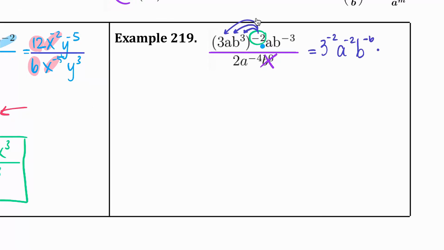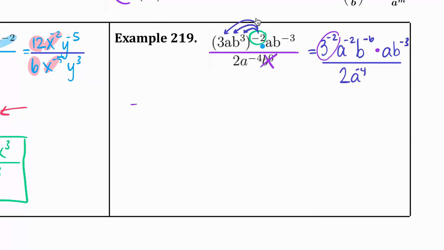I'm going to multiply that by ab to the negative third, and I'm going to keep the denominator as is. We have 2a to the negative 4th, and again, we really don't need to write that 0 there. Okay, so let's do that multiplication up top. We've got our product rule.